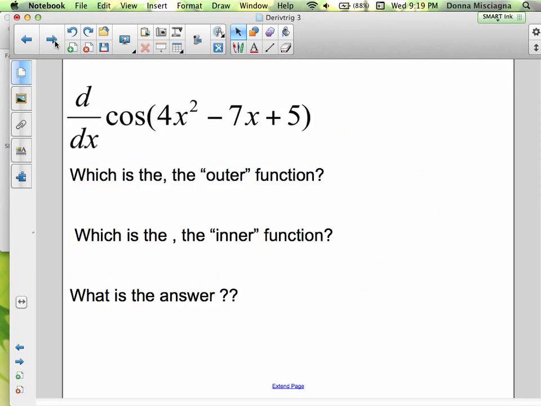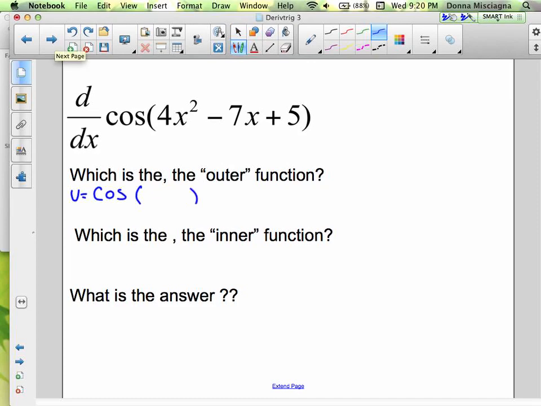All right, so here we want the derivative of cosine of 4x squared minus 7x plus 5. The outer function is the cosine, so we have cosine blup, let's just call it u. The inner function, and we'll call that v, is the 4x squared minus 7x plus 5.